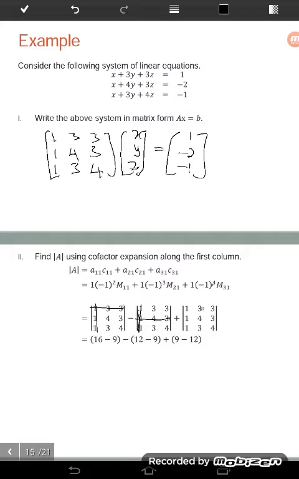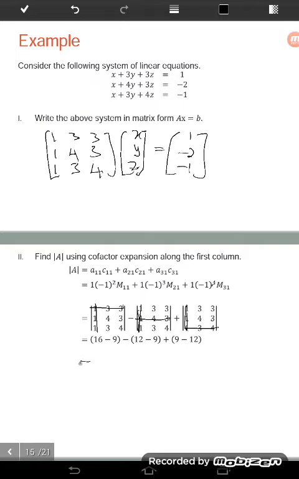And then plus 1 times negative 1 power of 4, which is positive 1, so positive M31, close the third row and first column. Then calculate the determinant: 4 times 4, 16, minus 3 times 3, which is 9, and then here minus 3 times 4 is 12, minus 3 times 3 is 9, plus 3 times 3, which is 9, minus 4 times 3, which is 12.